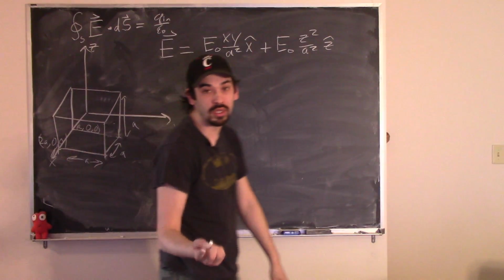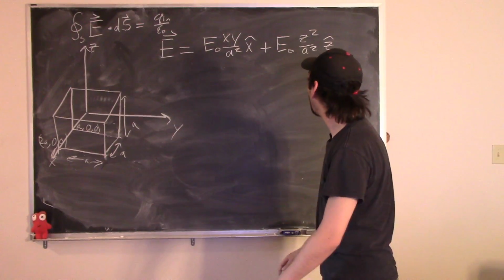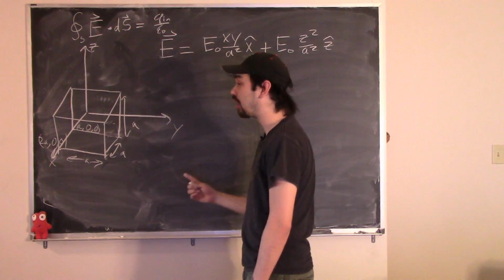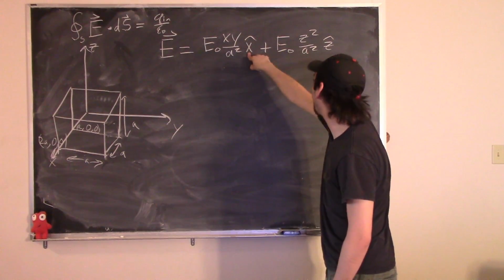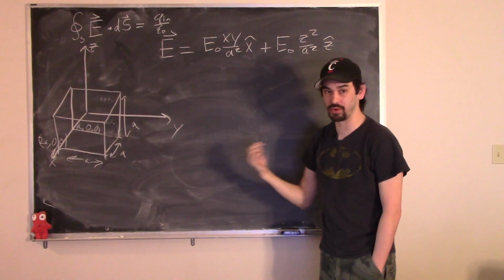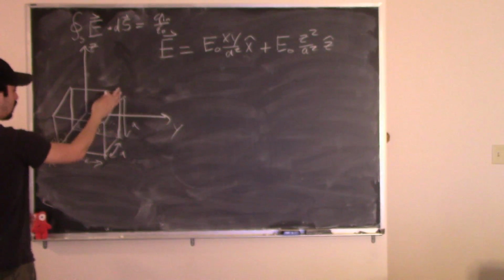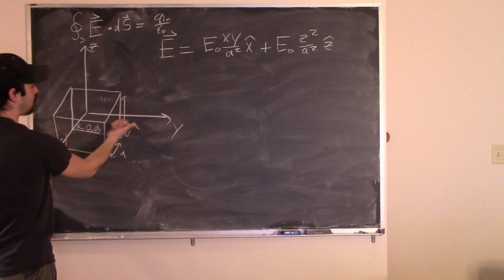And what that's going to mean is we need to find what the flux is through all of these surfaces. So in principle, there would be 6 fluxes that we need to calculate, but we're actually kind of lucky here because we see that this is just x hat and z hat. There's no y component. And so if we look at 2 of the surfaces, the right surface and the left surface, this one is going to have some unit vector that points in the positive y direction.